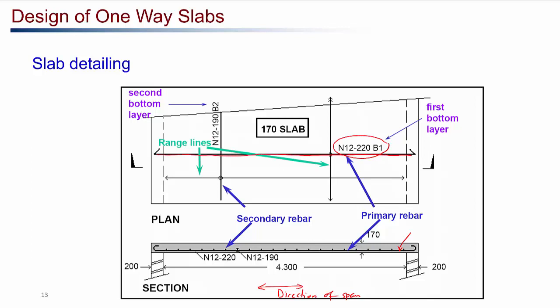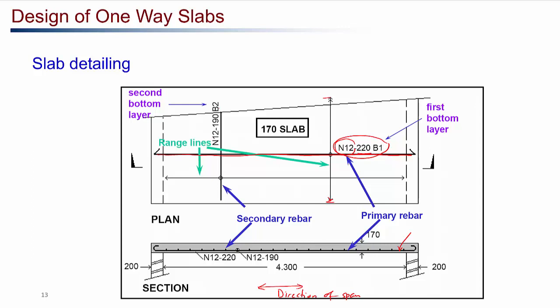The arrow means that from here to here, wherever the length of the slab is, we are providing N12 diameter bars at 220 center to center. B1 means the bottom layer. We are providing N12 bars from here to the end of the slab.